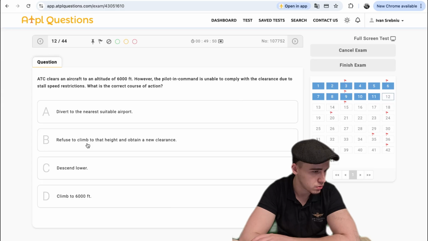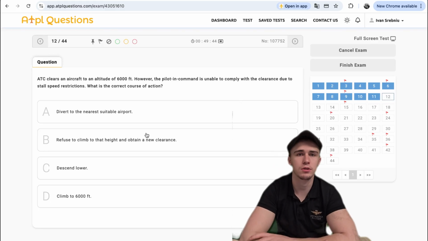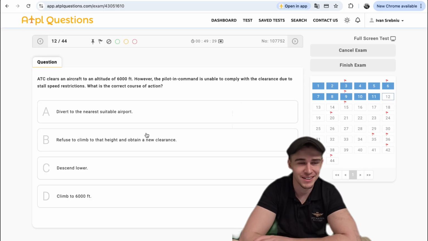Refuse to climb to that height and obtain a new clearance. So we must start the communication. The pilot must say unable to climb to altitude 6,000 feet, and you will have a new clearance, I hope.